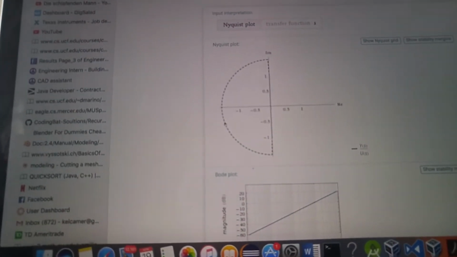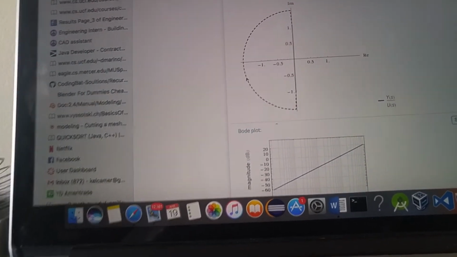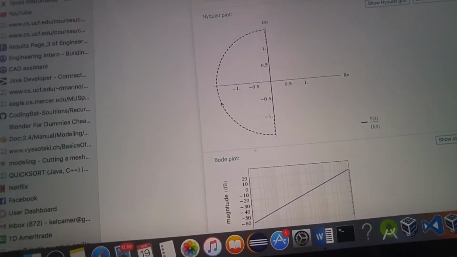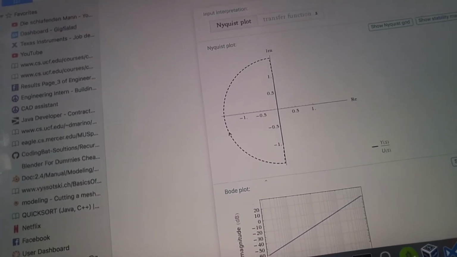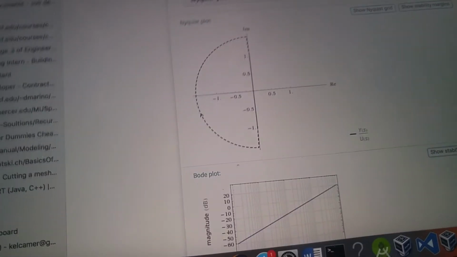That's because, technically speaking, everywhere on that dashed line, S has a magnitude of infinity. So there's no value you can actually plug in for omega to get that. And it's going to be mapped to the left half plane because when your contour is mapped to the right half plane. Hopefully that makes sense. If it doesn't make sense, ask me.